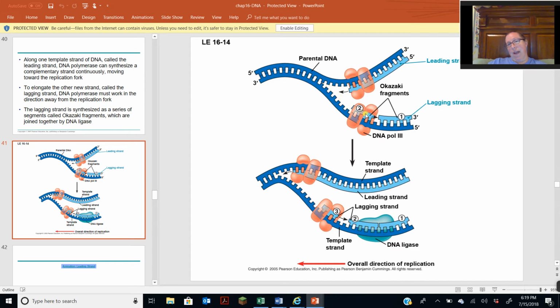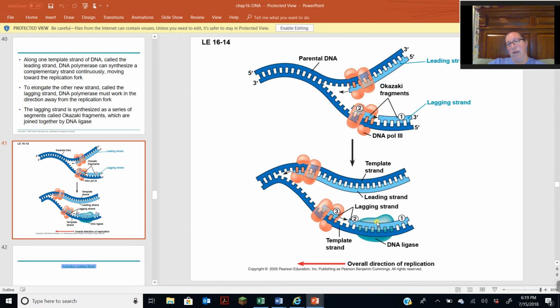And so you get these fragments, and these are called Okazaki fragments, and you have DNA polymerase 3, which adds them. And then you have DNA ligase. Ligase ligates things together. It's kind of like tape or glue. It's going to come in and stick those Okazaki fragments together.